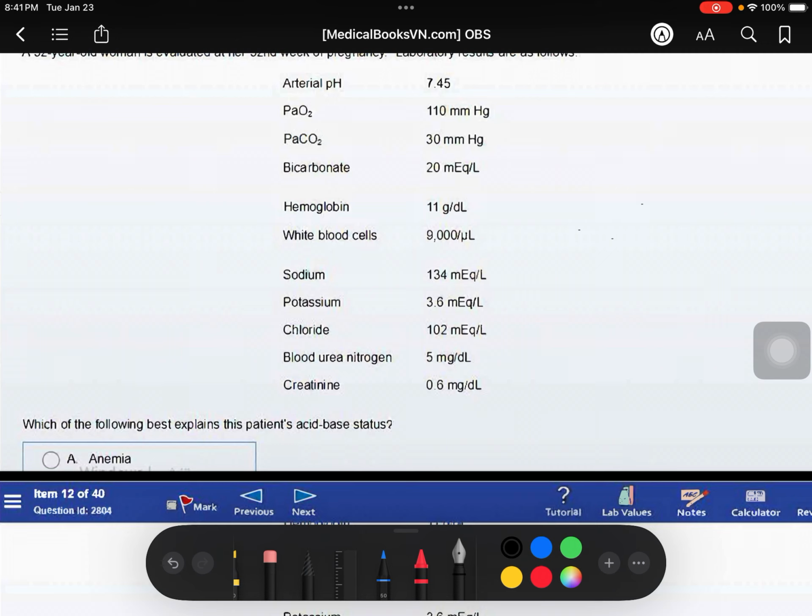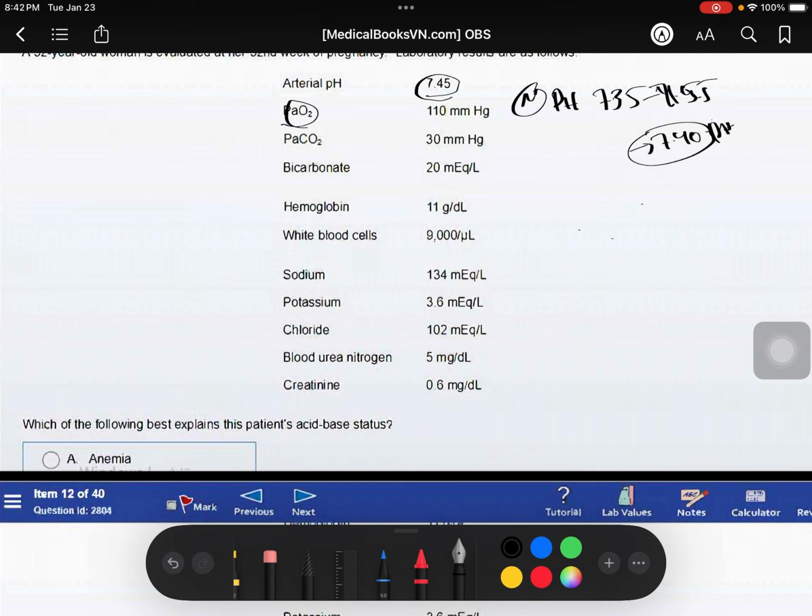Let's see that her arterial pH is 7.45. This is a normal pH, as normal pH is 7.35 to 7.45, but the average normal pH is 7.40.